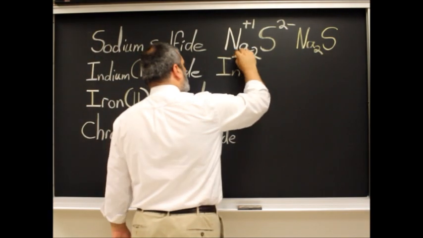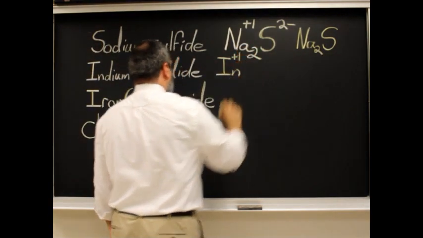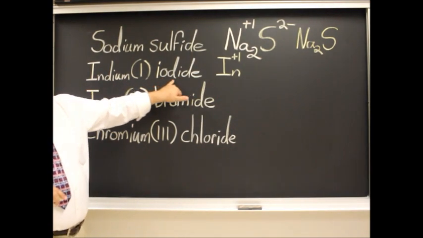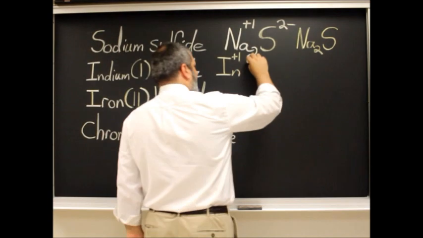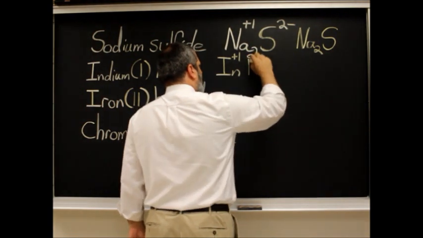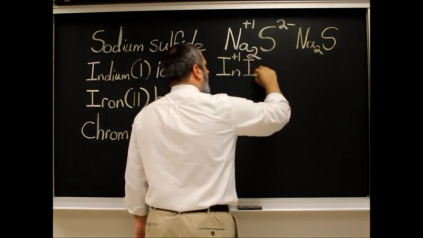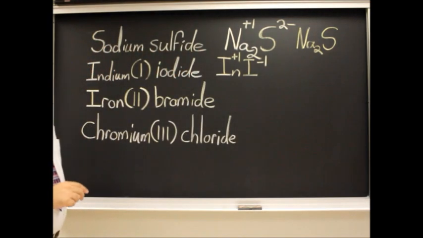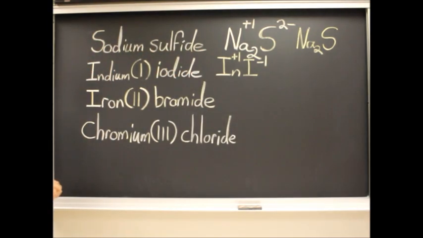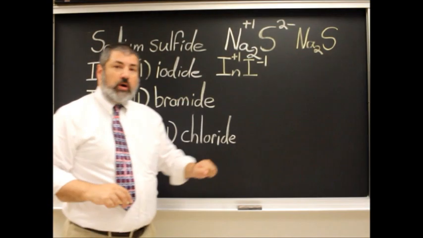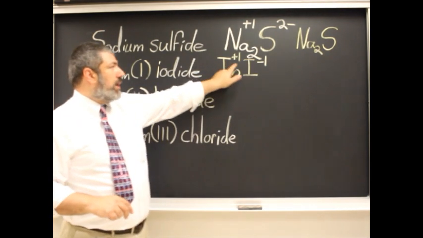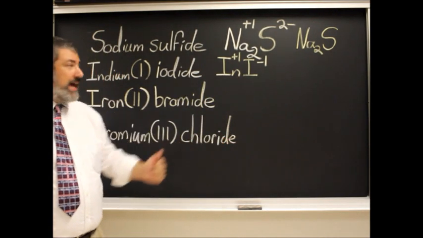It's +1, which again comes from the name. Iodide is from iodine. The capital I is the symbol for iodide, and it has a -1 charge. I know it has a -1 charge because iodine is in group 17. +1, -1, we have charge neutrality.